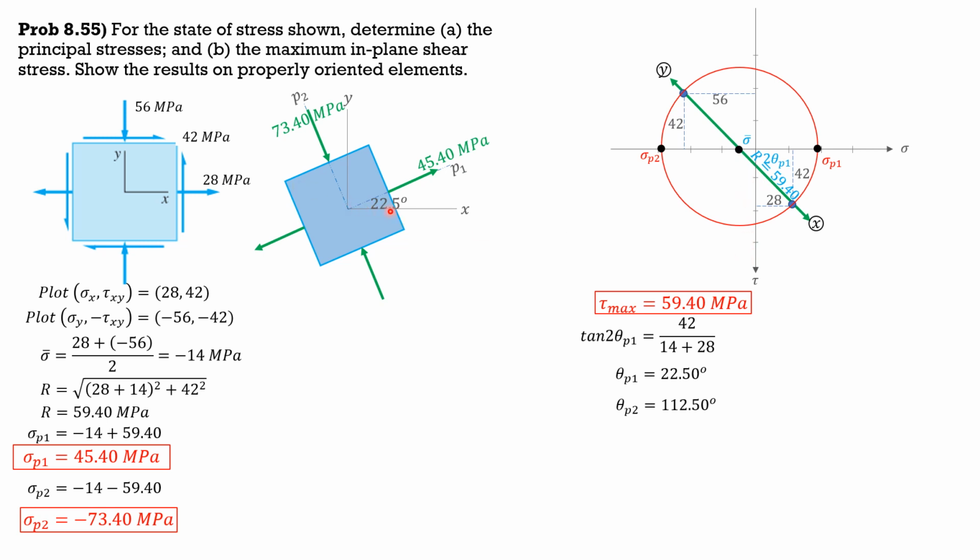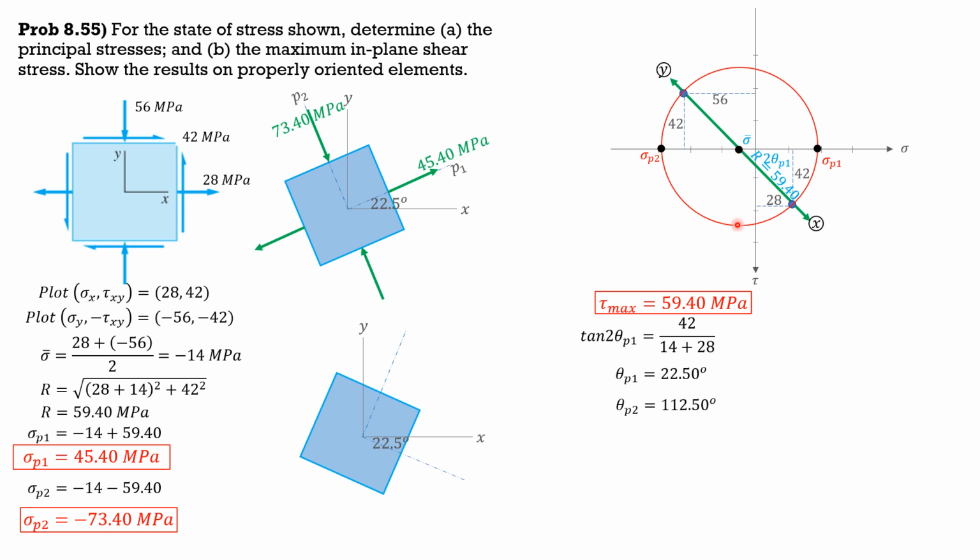Since this is already 22.5 and that's clockwise direction, 45 degrees minus 22.5 is 22.5 degrees also clockwise from the x-axis to locate the axis where in-plane shear stress is maximum and the normal stress is sigma bar. So that's also clockwise 22.5. This 22.5 is 45 minus 22.5 because this is the principal axis 1.